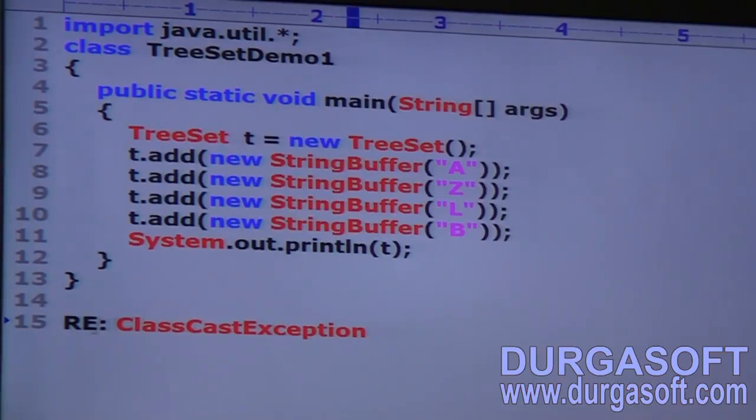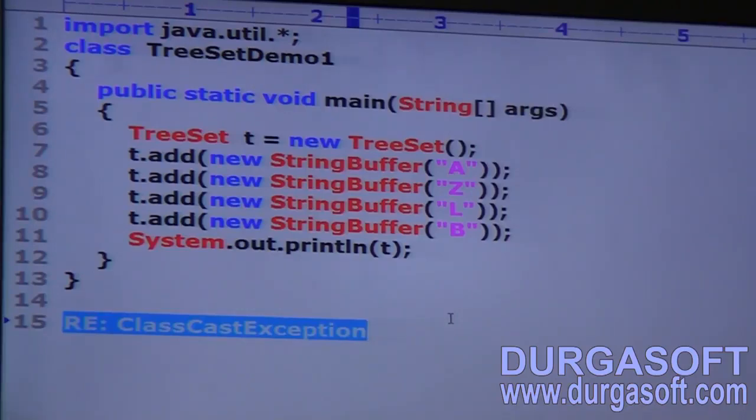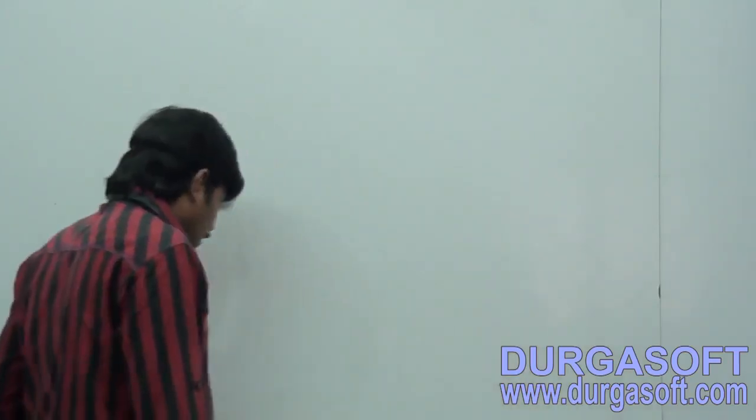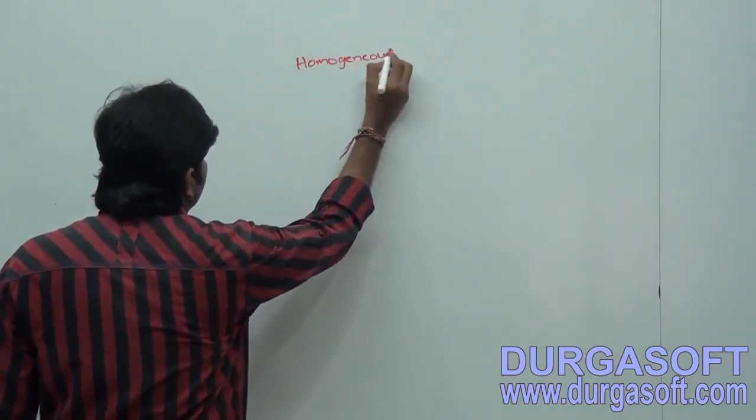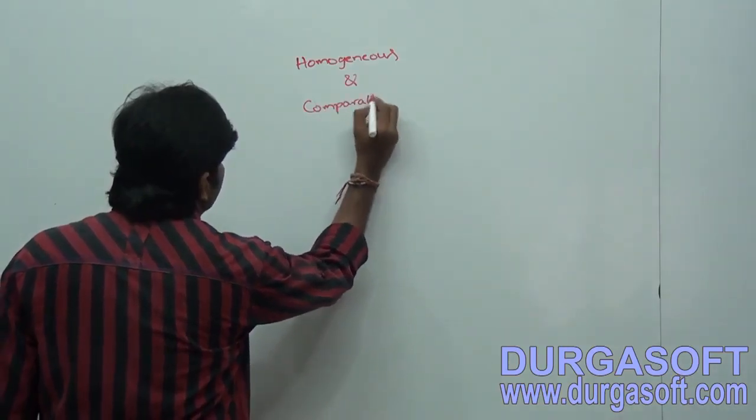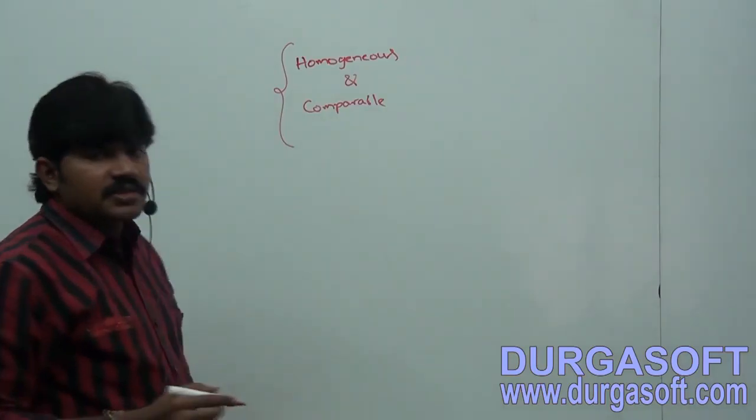What is the reason? Now add the theory. If we are depending on the default natural sorting order, compulsorily the objects should be homogeneous and comparable.